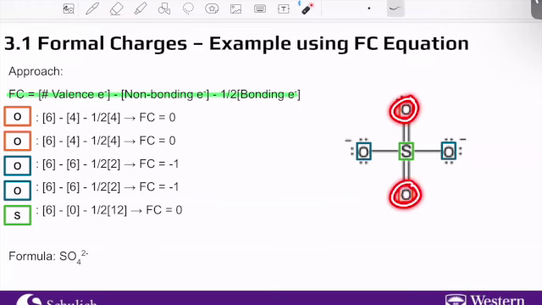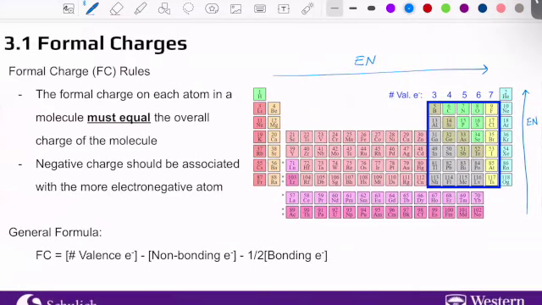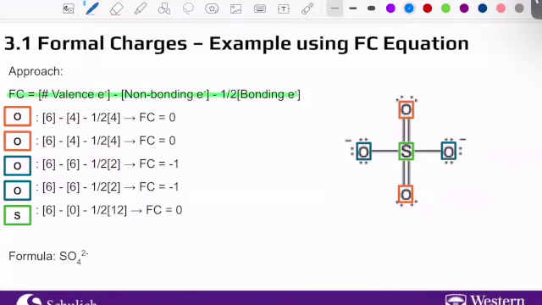So we know that oxygen, for instance, has a total of 6 valence electrons, meaning the formal charge is going to equal the number of valence electrons, which is 6, minus the non-bonding electrons, which really this means just lone pairs.